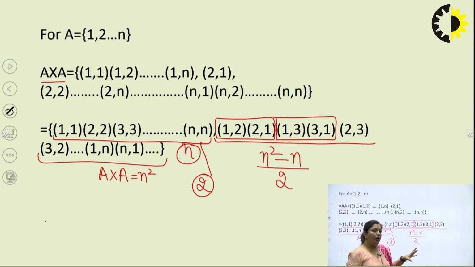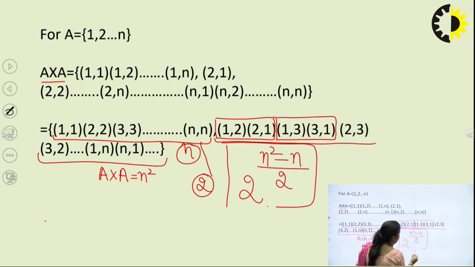And for each pair, I have 2 choices, either to include the entire pair or to not include any element. So, how many symmetric relations are possible? 2 to the power n square minus n by 2.